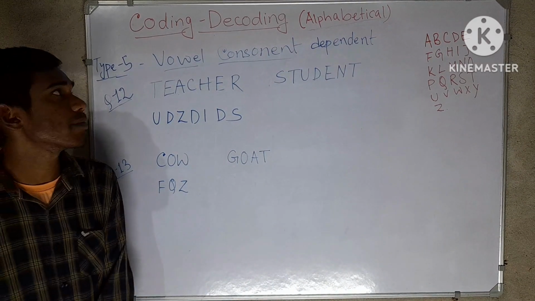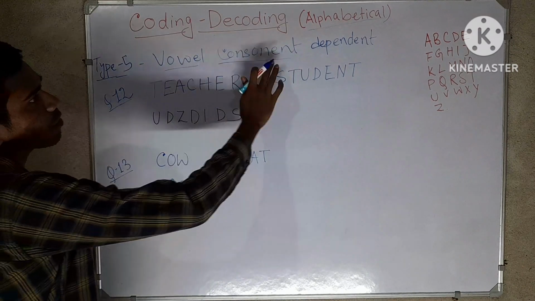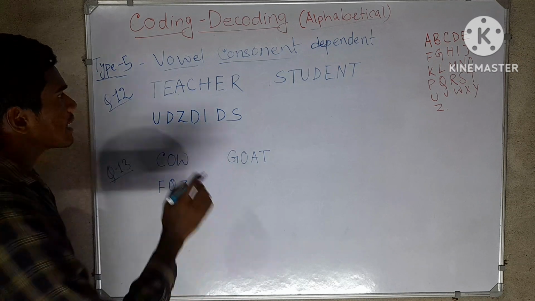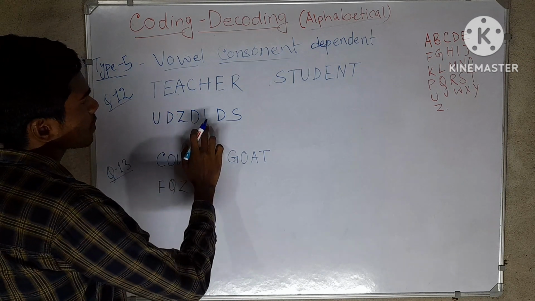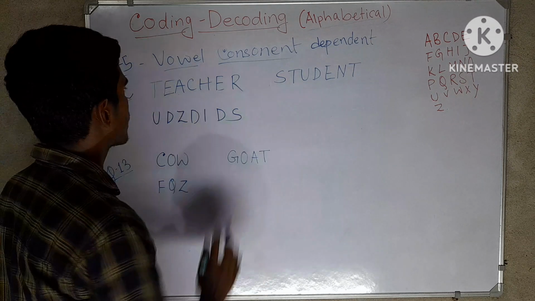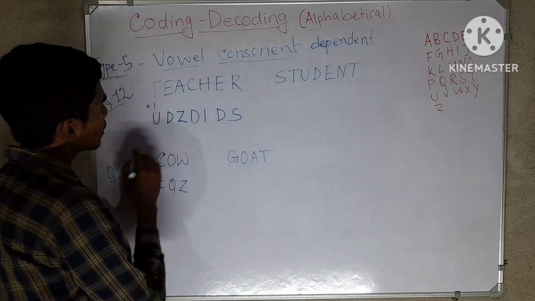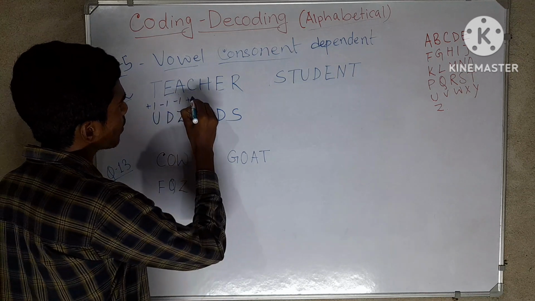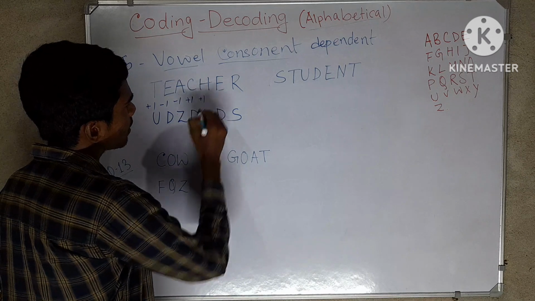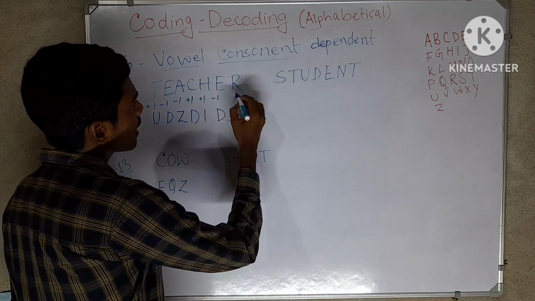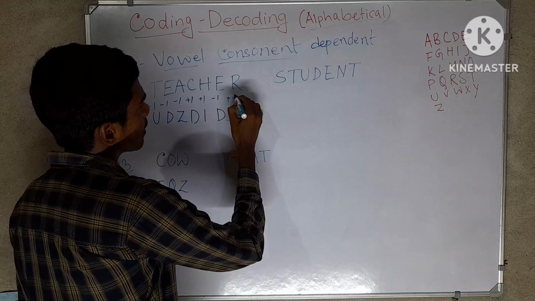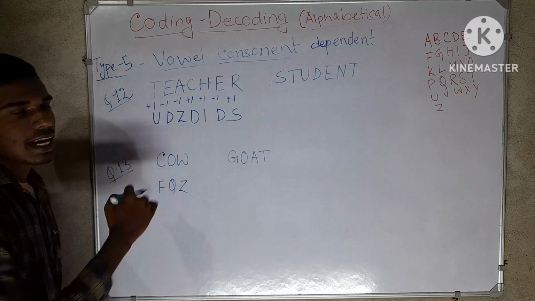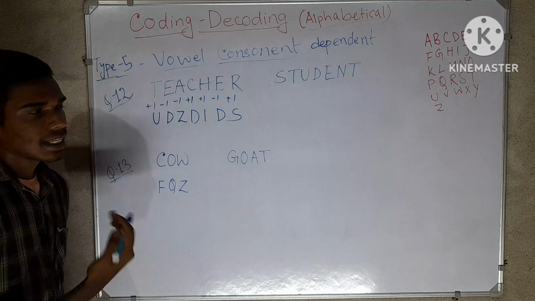The next important type of coding decoding is vowel consonant dependent coding and decoding. Question number 12. If teacher is coded as UDZDIDS, then what is the code for student? T plus 1 is U, E minus 1 is D, A minus 1 is Z, C plus 1 is D, H plus 1 is I, E minus 1 is D, R plus 1 is S. You can see that to each consonant 1 is added and to each vowel 1 is subtracted.